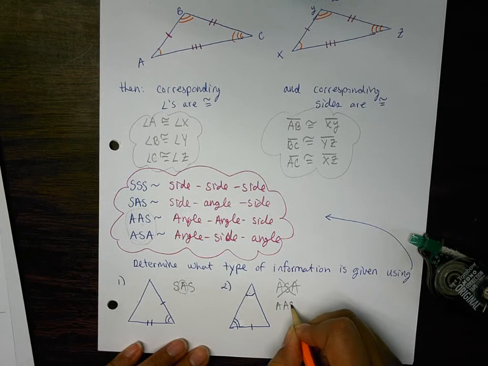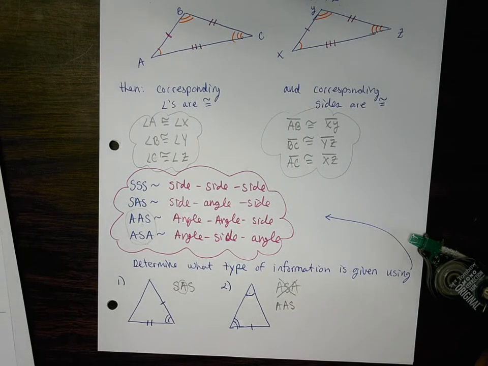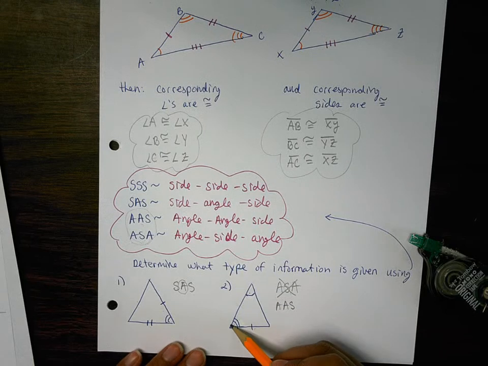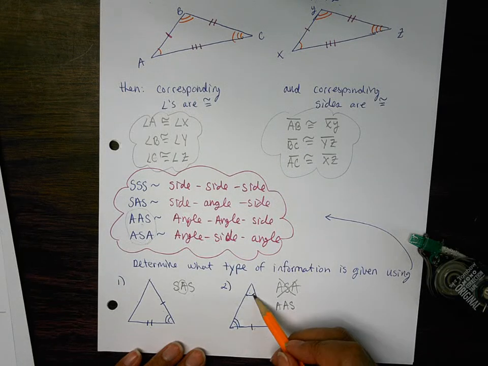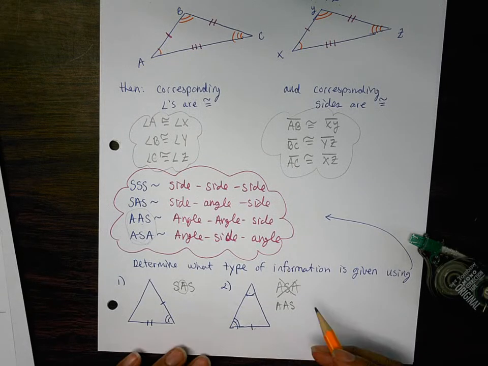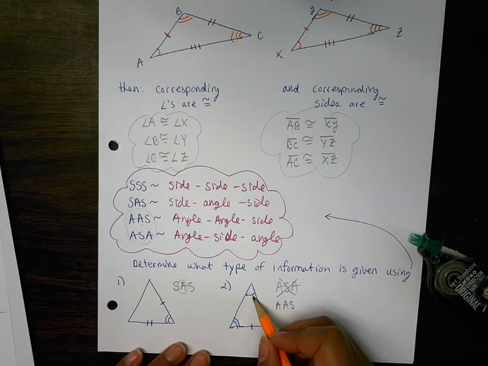So what is this? Angle, angle, side. Now I'll have kids say, well, I can do this, angle, side, angle. Or they'll say angle, side, angle. Can I jump across like this? There's no jumping. You're reading in order from this angle to this angle to this side. Now I had a young lady in my 4th period say, could I call it side, angle, angle?